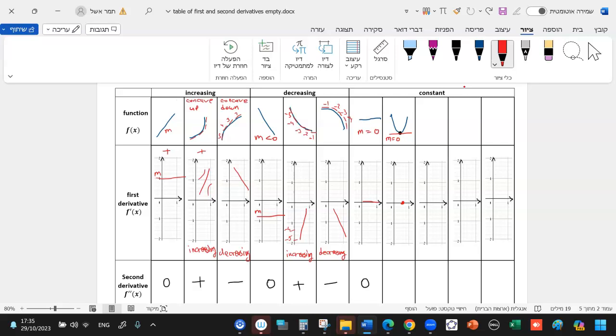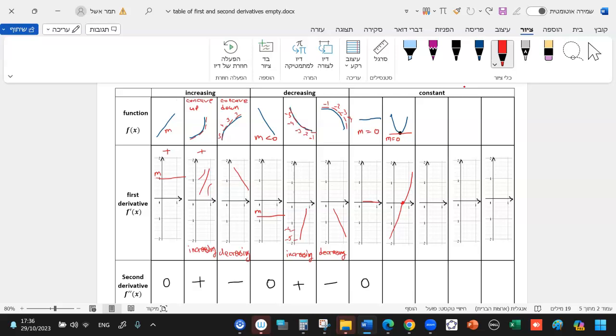To the left of this point, the function is decreasing, so we'll have negative values that become less and less negative until 0. And then from this point and to the right, the gradient becomes positive since the function starts increasing, and we will have an increase of the first derivative.